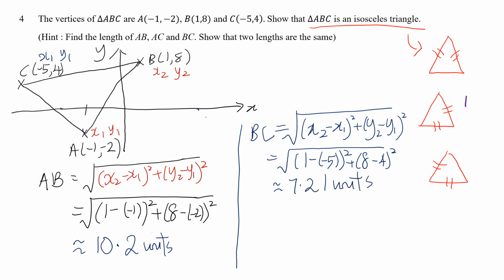All right, so let's go on to find the length for AC. If you look at AC, actually both points are labeled x1, y1. So what you can do is change this to x2, y2 instead, or you can change your point A to x2, y2, depending on your preference. So let's do AC. Similarly, let's write down the formula.